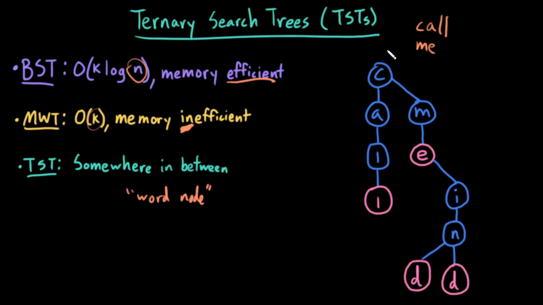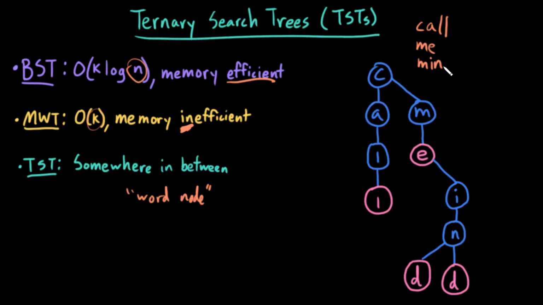Let's try again. So starting at the root, I can go right. Because I didn't go down, that means I don't use C. So now I'm at M. Now I go down. So that means I have to use the M. And now I'll traverse this subtree that I didn't see last time. I go right, which means I do not use E. I would only use E if I stopped or if I went down. So I go right, which means I don't use E. Now I'm at I. I go down, which means I use I. Now let's say I go down.